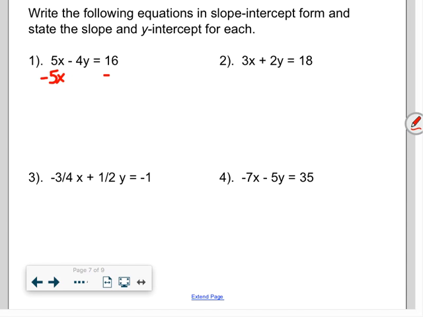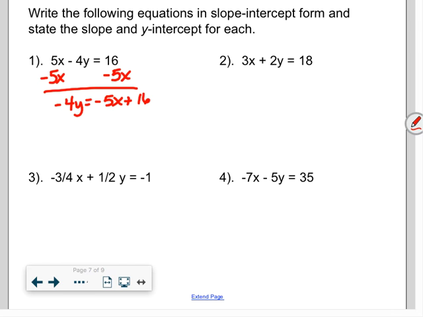Number 1, I'm going to subtract 5x from both sides of the equation. And then you do want to use a good tool. Do you remember the commutative property? The commutative property says a plus b equals b plus a. So look, I had 16 minus 5x.